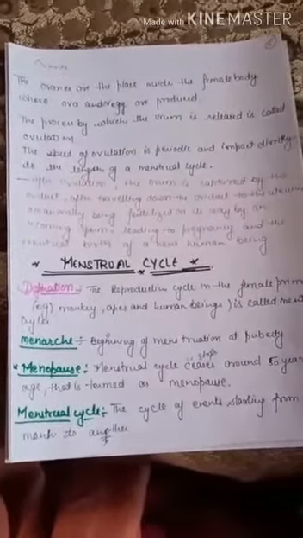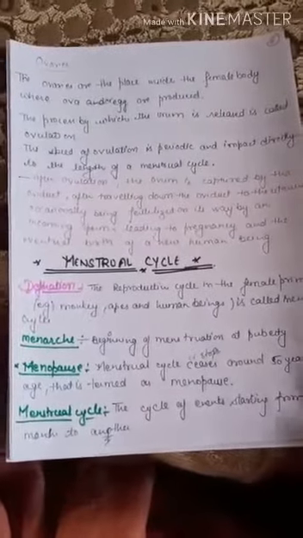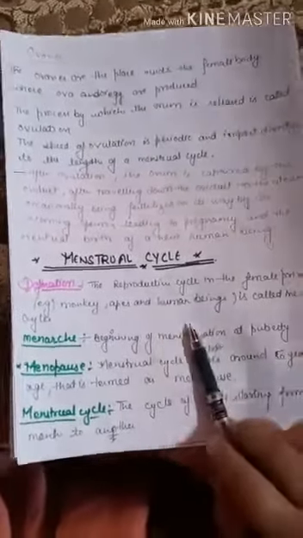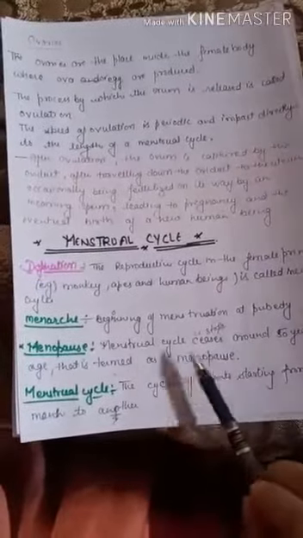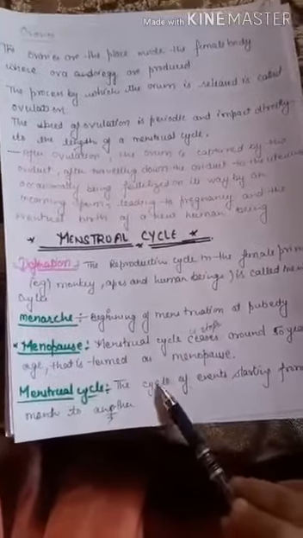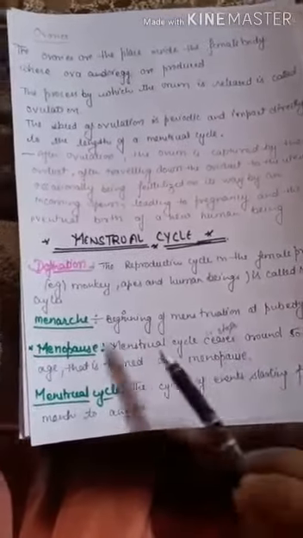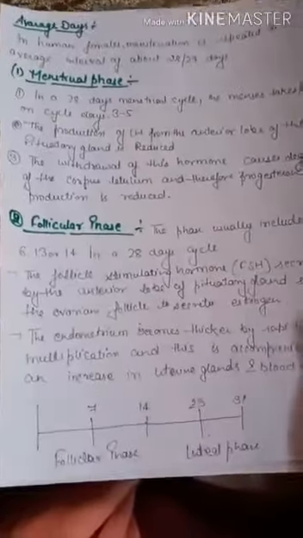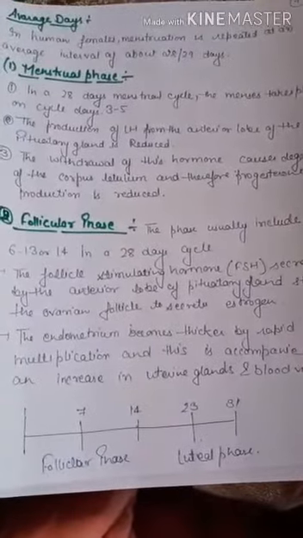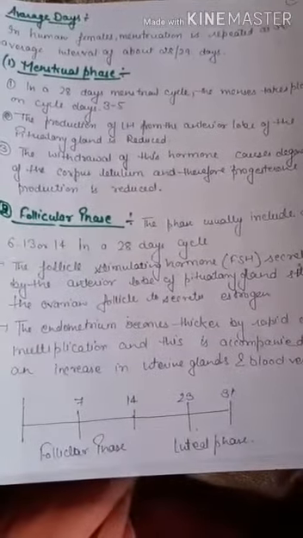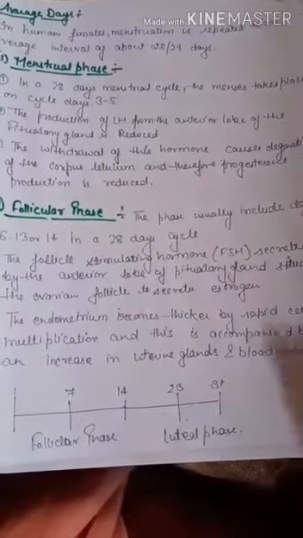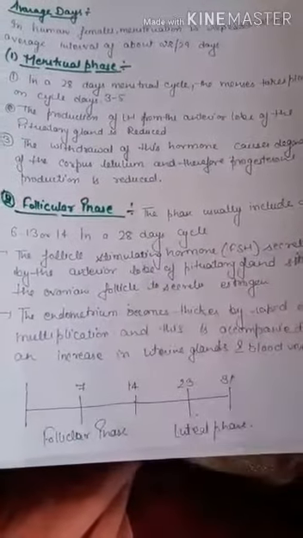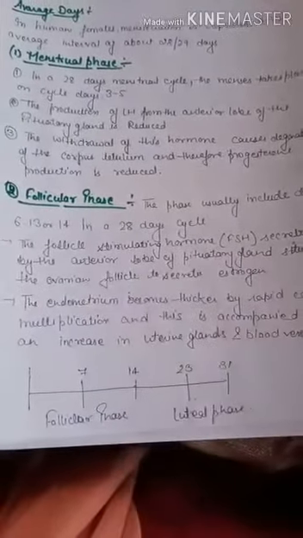Menopause, when the menstrual cycle ceases or stops around 50 years of age, is termed menopause. And the menstrual cycle is the cycle of events starting from one month to another. The human female menstruation is repeated at an average interval of about 28 to 29 days.